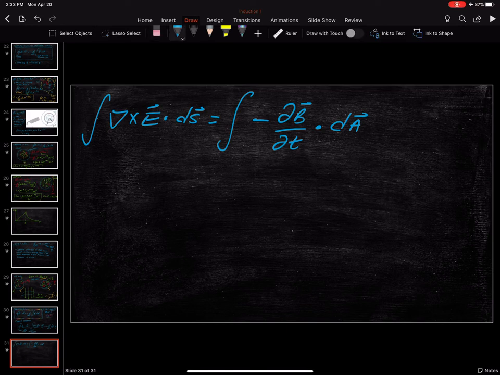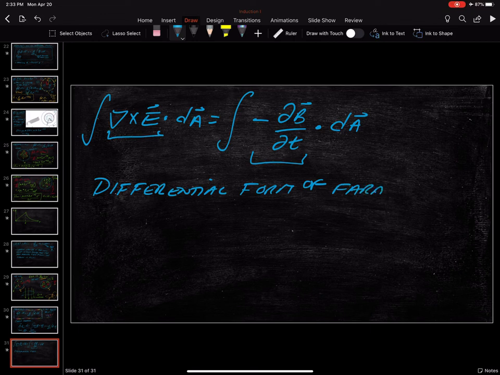But when I take this thing in here, B depends on space and it depends on time. And so setting these two things equal to each other, oops, sorry, this is not dS, this is dA. These integrals are equal to each other no matter what area we take, no matter what loop we take, and so therefore we get the differential form of Faraday's law, which says that the curl of E is equal to minus dB/dt.